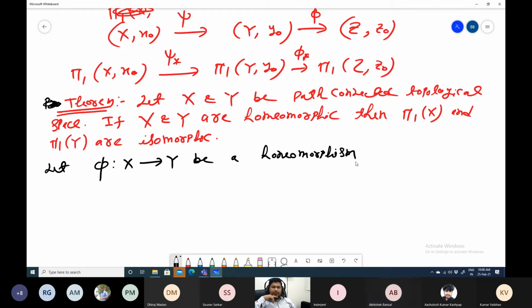Right. Actually, we assume that when pi1 x and pi1 y are isomorphic, they are the same. We assume that, and then we are saying that this is a topological invariant. Of course, it depends on algebra as well. Whenever two groups are isomorphic, we assume that they are the same. That is the first assumption. So if we have two topological spaces which are homeomorphic, they have the same fundamental group.